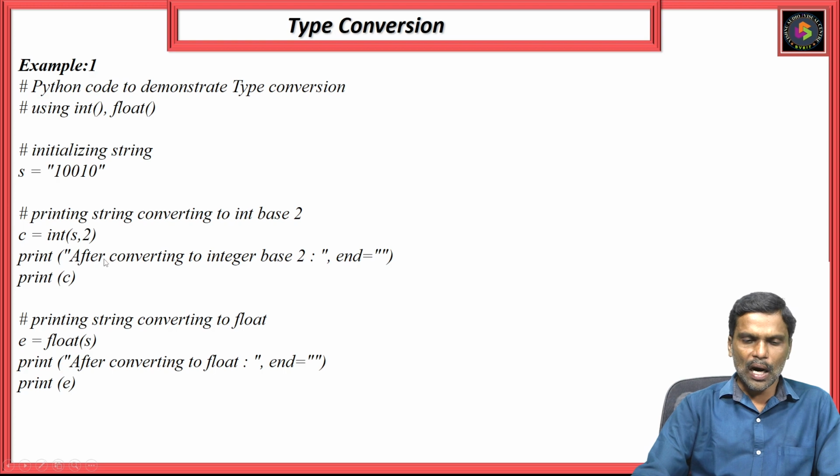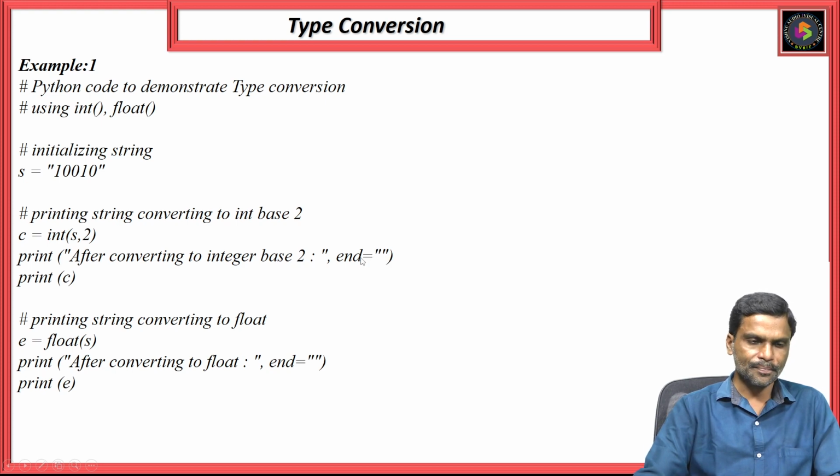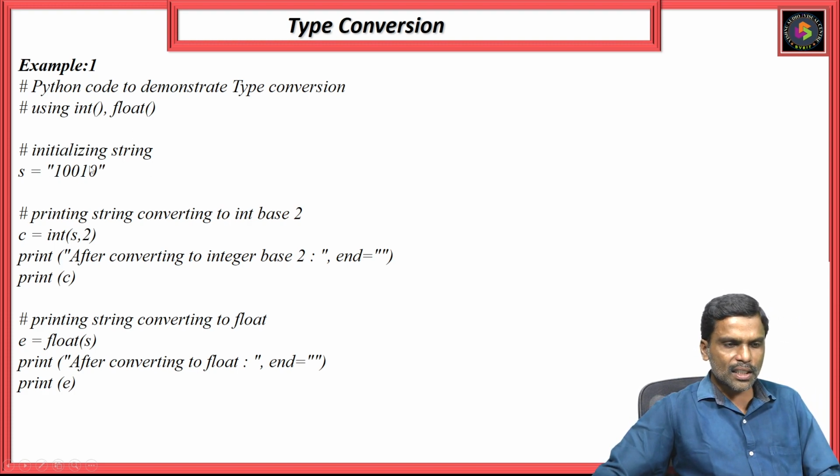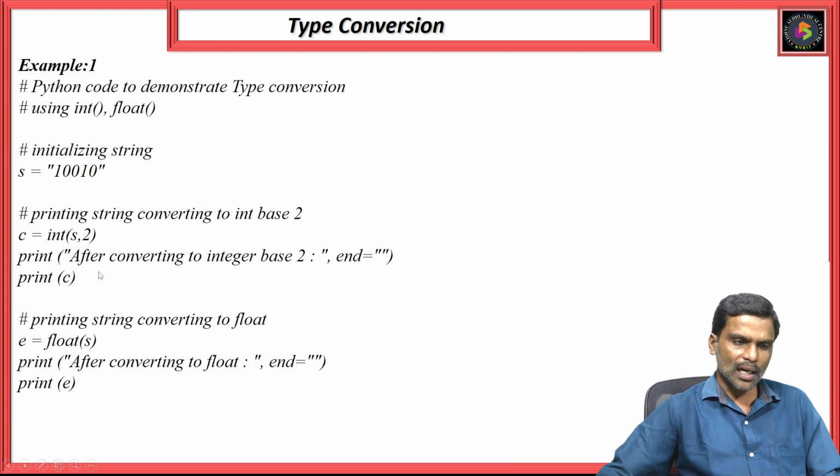So print, after converting the string to base 2, and ending we are giving with null, we are not giving any symbol. Then print the string converted to float, e is equal to float(s). Whatever the value of s we have defined as a string, this string is converted here in the form of base 2, and here in the form of a floating value.